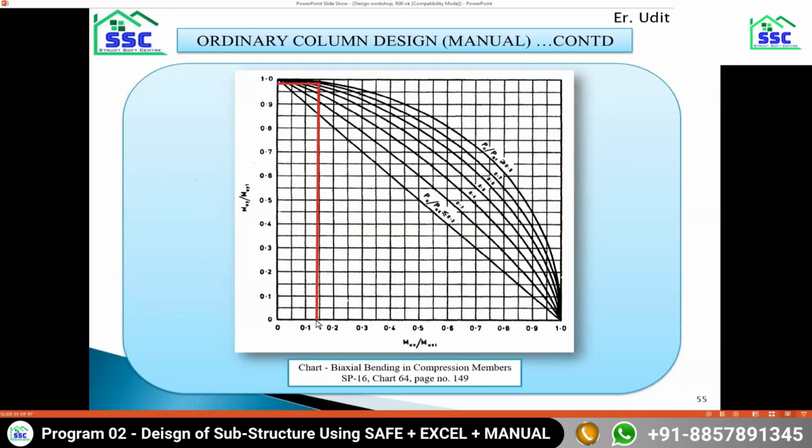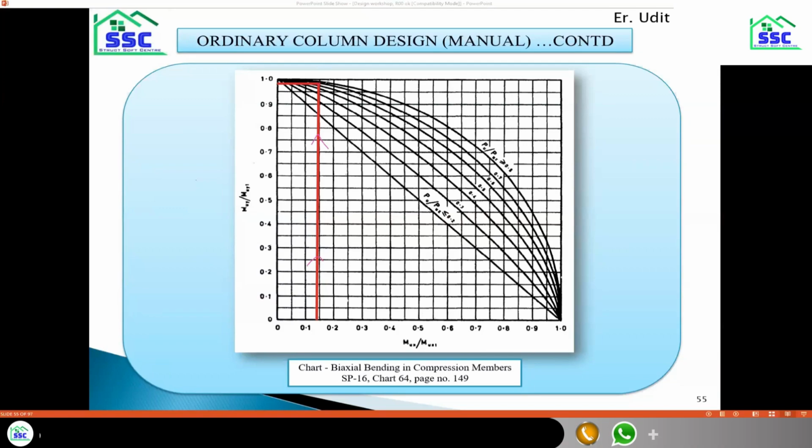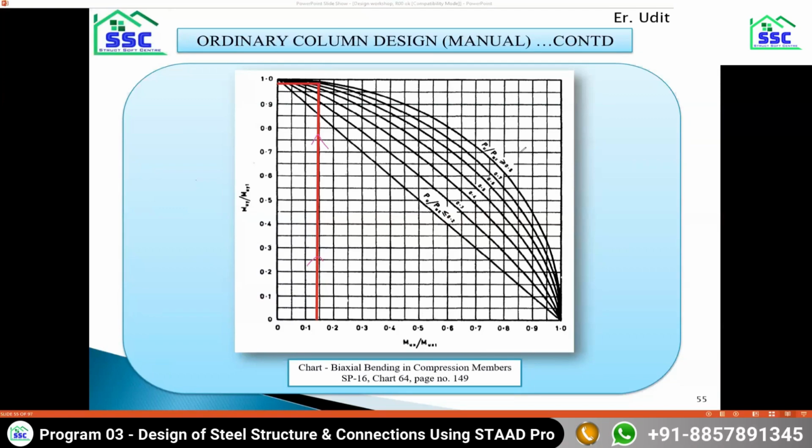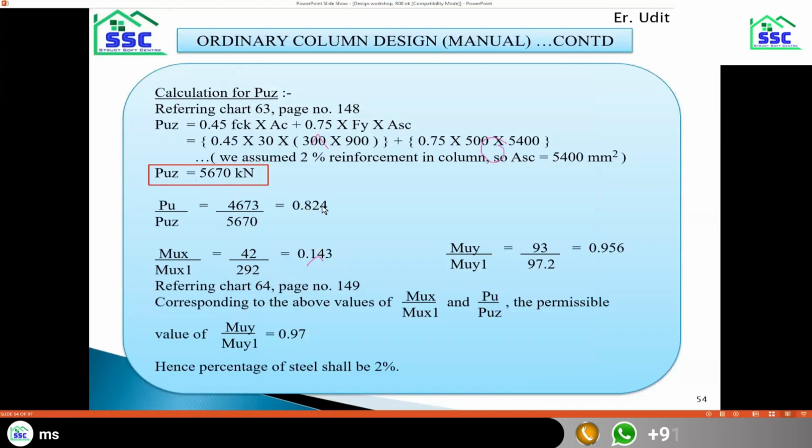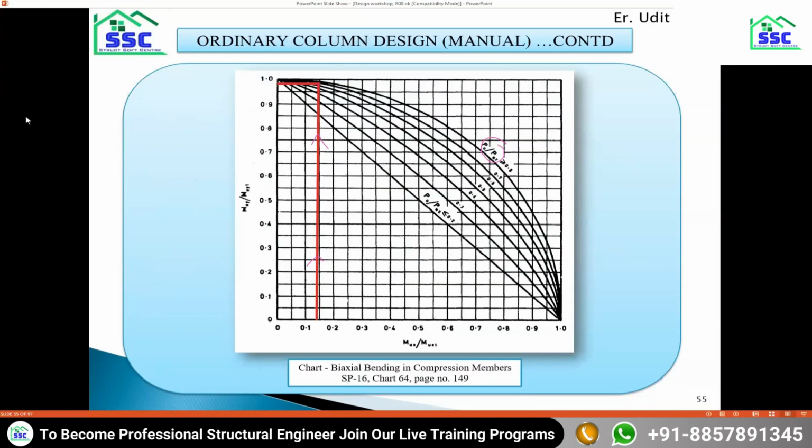So we are somewhere here, 0.14. So if you go upwards, we already have this value of Pu by Puz with us, which is nothing but 0.824.